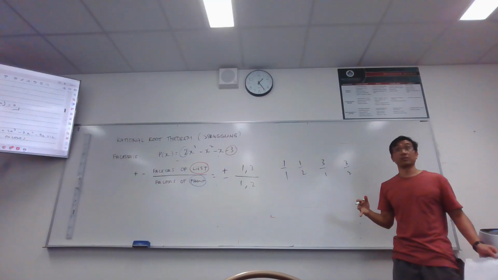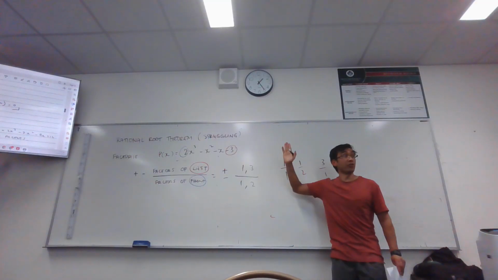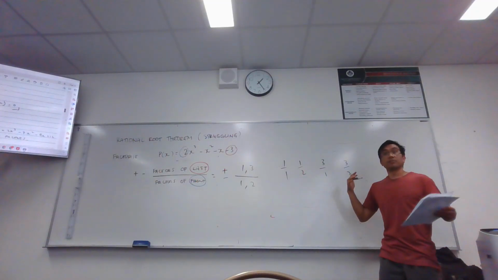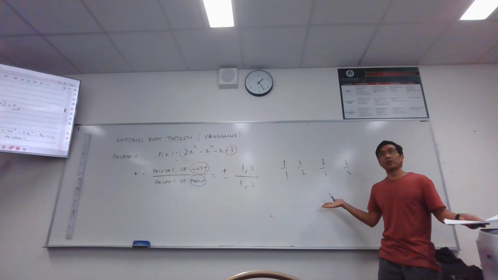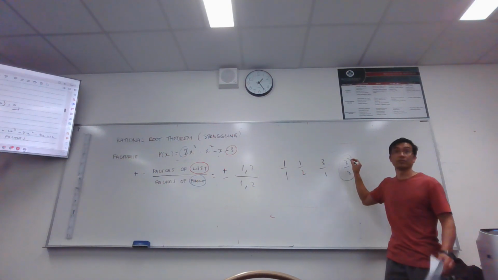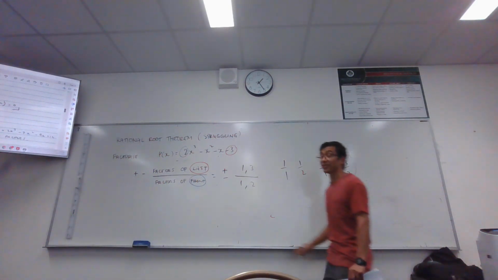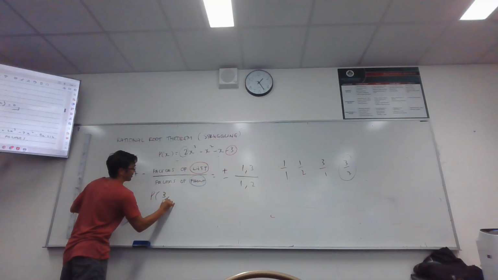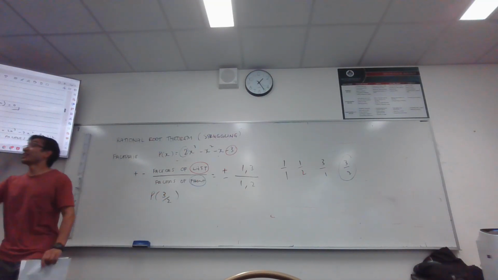It's going to be one of those. This is called rational root theorem, and it does work. Because I've cooked this up before, I know which one's going to work. The one that works is 3 on 2. You trial and error again.